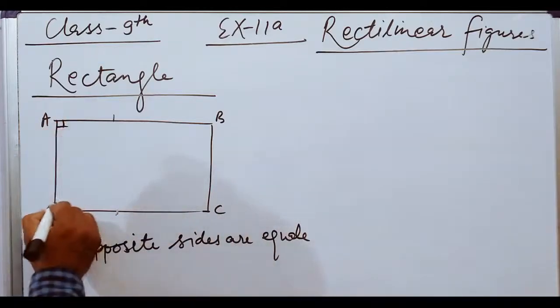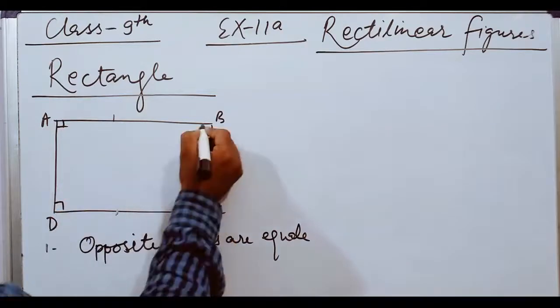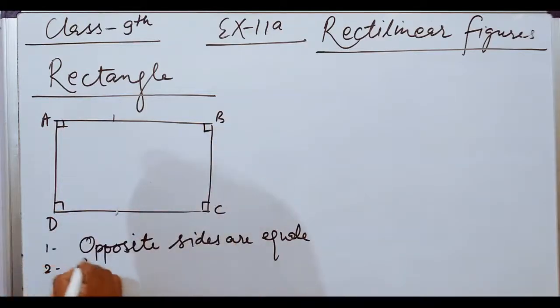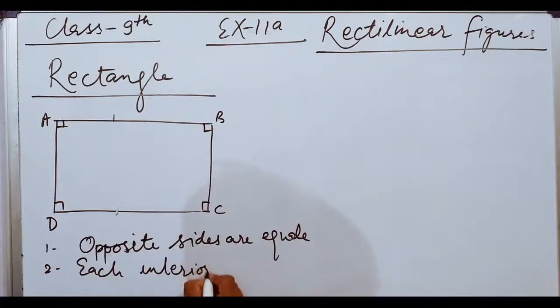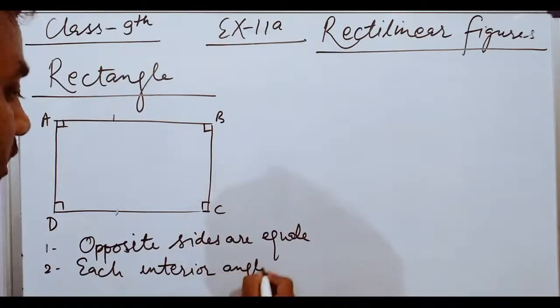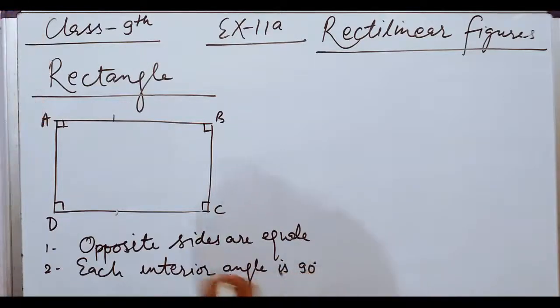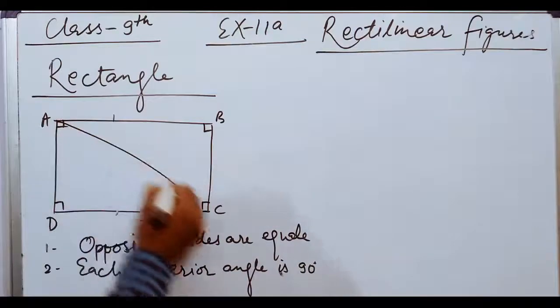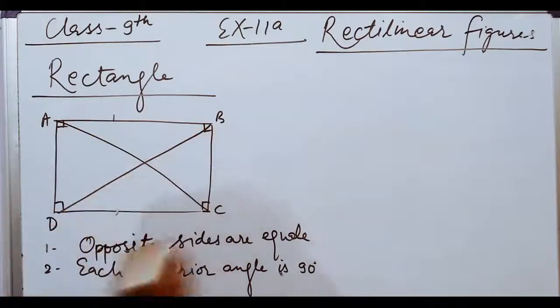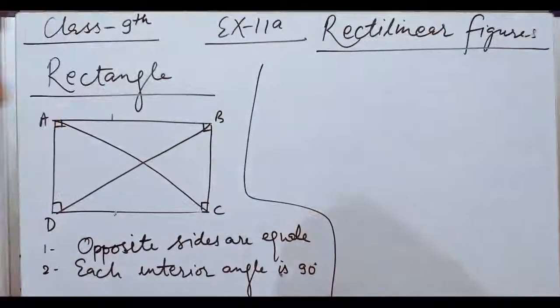Each interior angle is 90 degrees. And diagonals are equal and bisect each other.